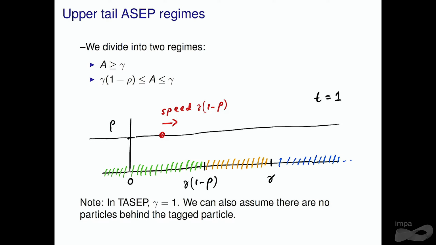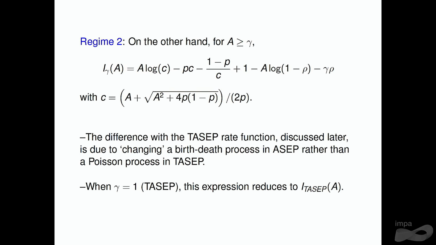So in ASEP, you can think of the tag particle as being some sort of birth-death process. There are two parameters to change, so you'll be changing a birth-death process rather than a Poisson process. Anyway, this will reduce to the TASEP one when gamma is equal to 1, for instance. So that's something that one can check.